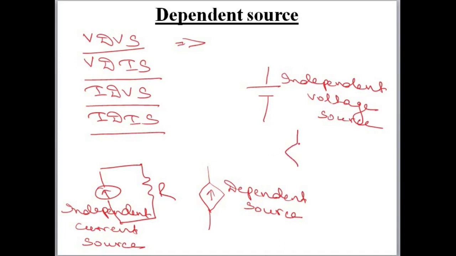And if it is denoted by like this, then it is called a dependent voltage source.